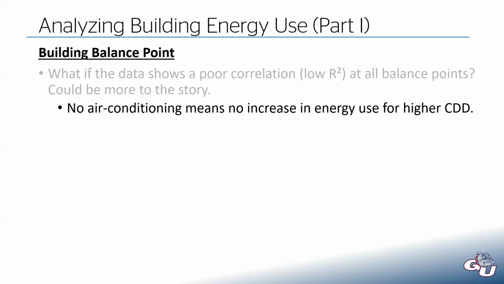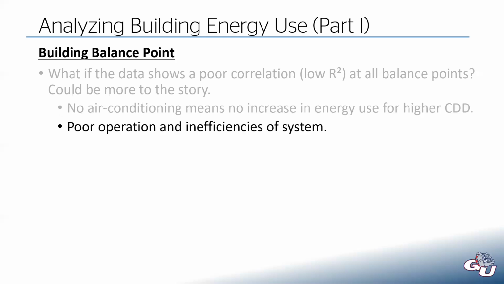We see this a lot with rural school districts where they don't have air conditioning because they just deal with it. Or maybe their school is completely out in the summer and, well, maybe they get a little warm in May and June, but it's not worth installing a whole air conditioning system. If there's no air conditioning, that means you're not going to see that increase in energy use for a higher cooling degree day.